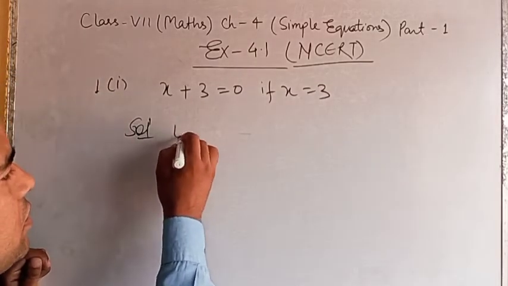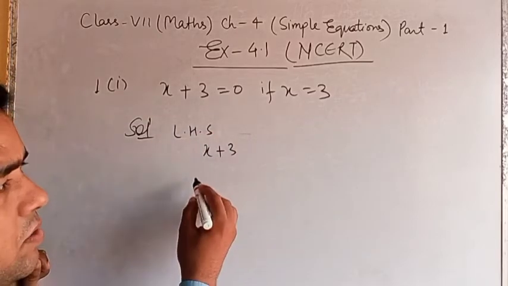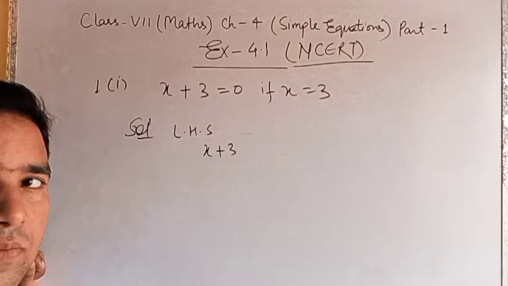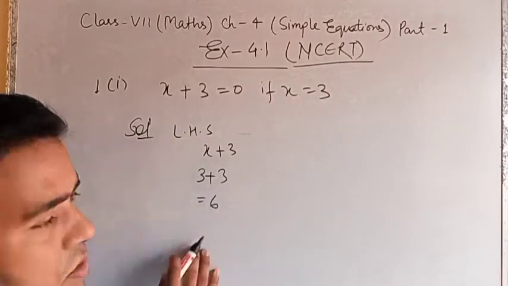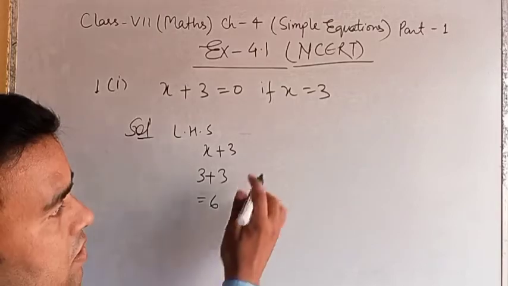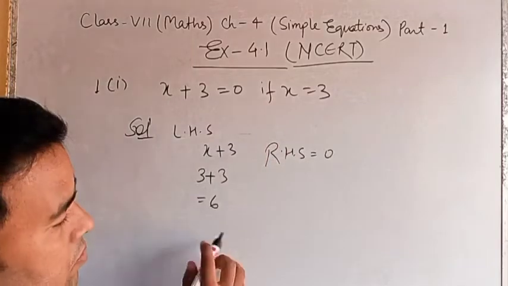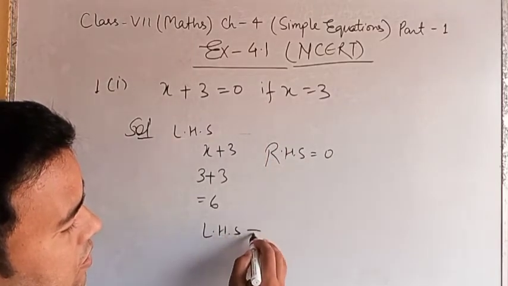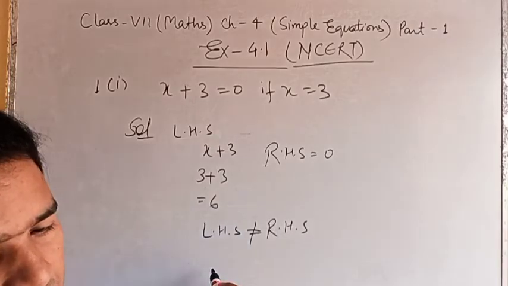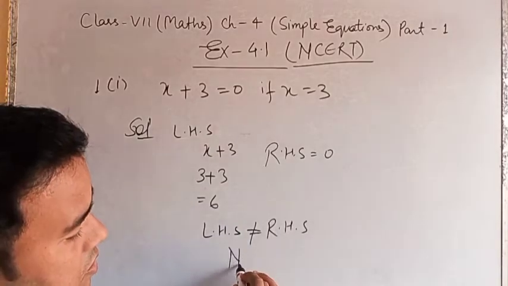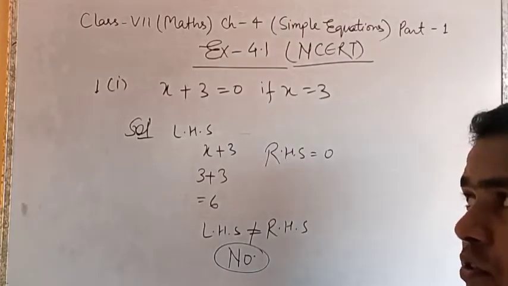Solution: left hand side is x plus 3. x equal to 3 is given. 3 plus 3 equal to 6. Left hand side is coming 6 and right hand side is 0. Clear? Means left hand side not equal to right hand side. Means this equation is not satisfied. Answer is no. Note down this.